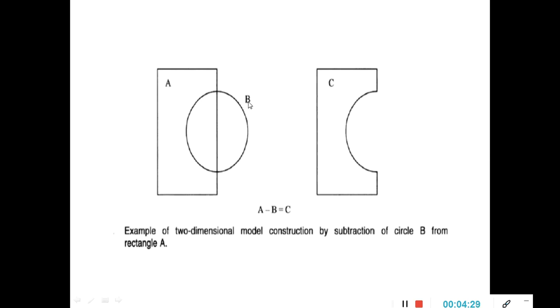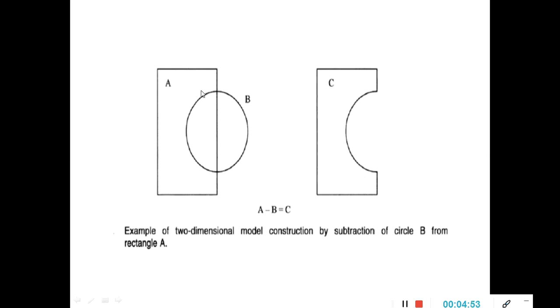With the help of this graphics package, we already have the different elements: the rectangle and this circle. If we need this type of structure or model, we can subtract this circle B from this rectangle A to create the required object known as C.